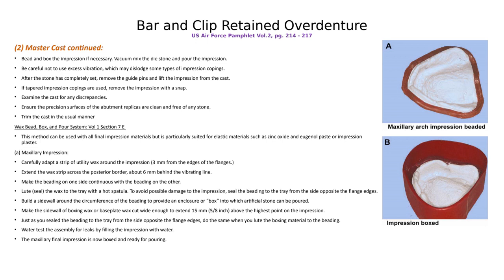This is important because by beading the impression, we create a little bit of space, maybe 2-3 millimeters of the border, so we have more visual where the border ends. And this is important because that's where we're going to end our denture. And also, we have to box the impression because that allows us to have a more uniform and stable cast that can be easily mounted.